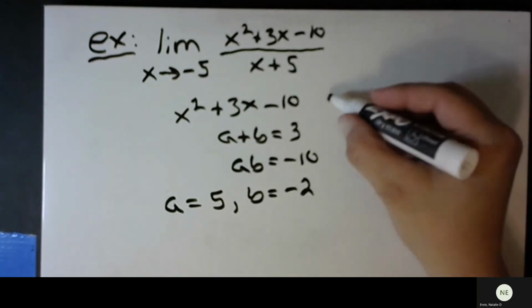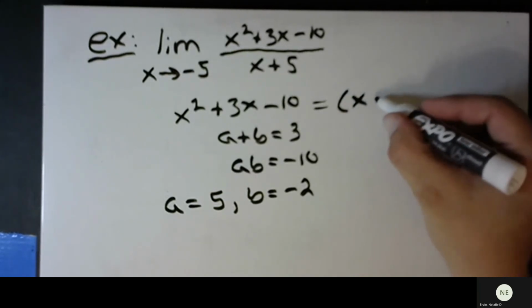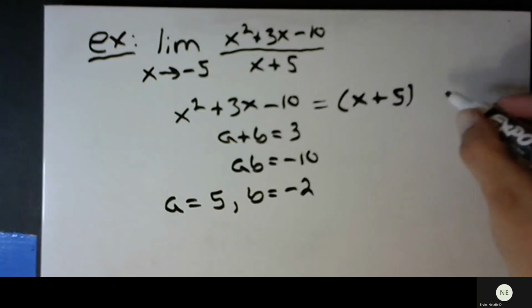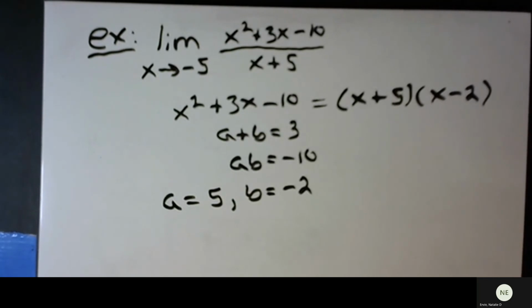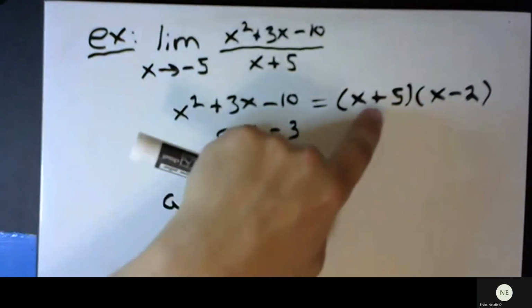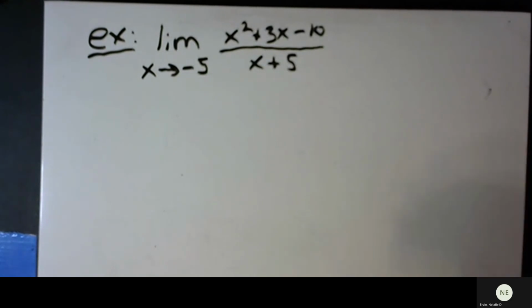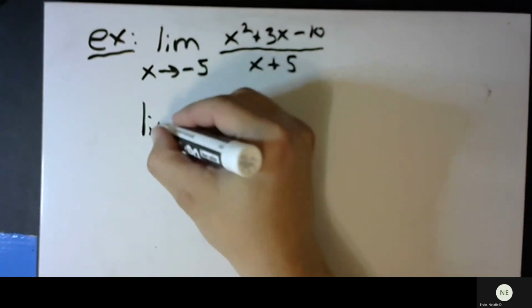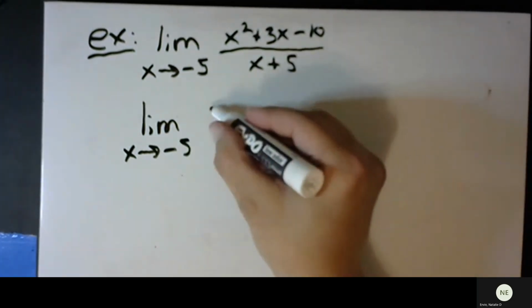And that'll let us factor this quadratic into this. Our +5 and our subtract 2. So this is going to help us out a lot, because if we're going to get x plus 5, x minus 2 in the top, this and this, they're going to cancel. And again, if I'm going too fast, let me know.